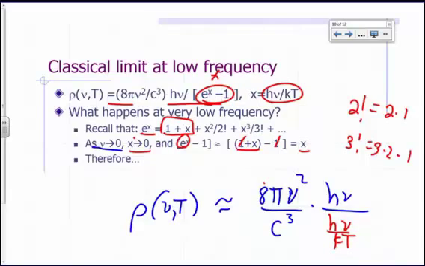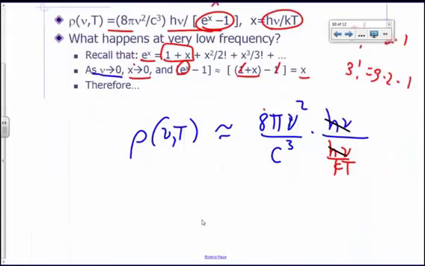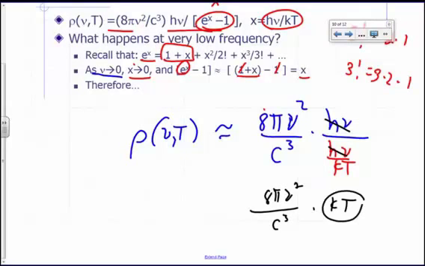And so what happens? Cancel h nu, and what do you get? You have 8 pi nu squared over c cubed times kT, which is the Rayleigh-Jeans expression. So you get agreement at low frequency, you get agreement at high frequency.